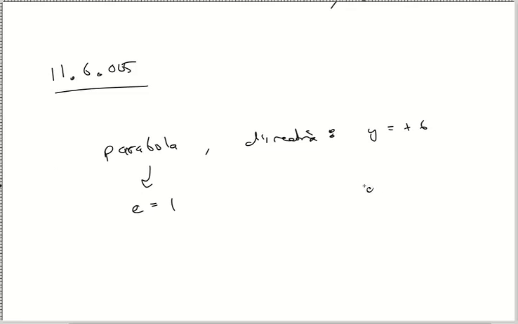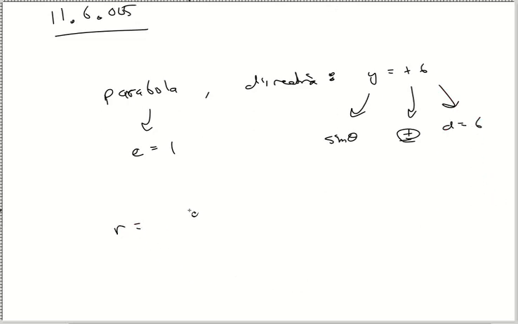That's a parabola. Y means that we're going to be using the sine. My plus sign means that we're going to use the plus sign, obviously. And then the 6 is my d. Again, absolute value is just positive 6. We should be able to just put everything together. So ed over 1 plus e sine of theta, and there you go.